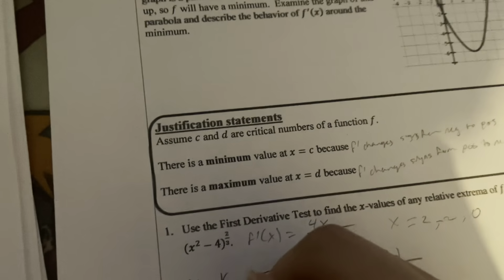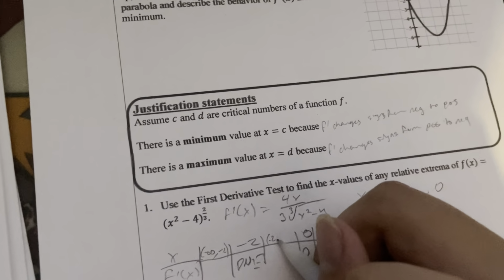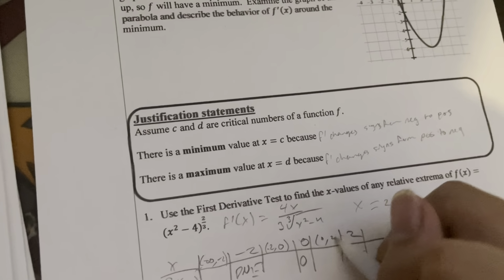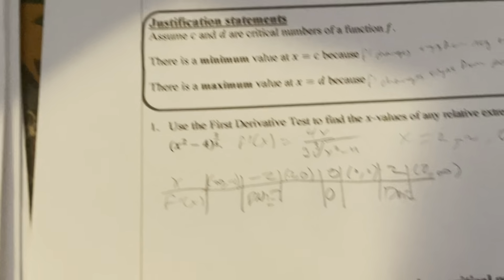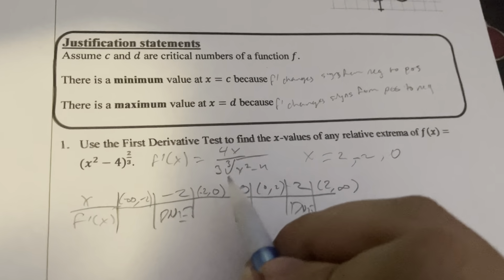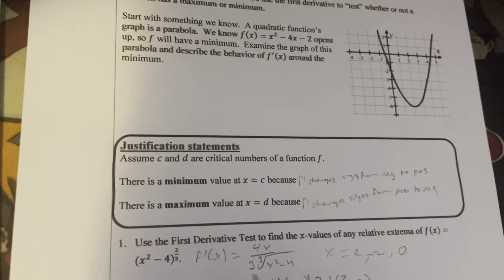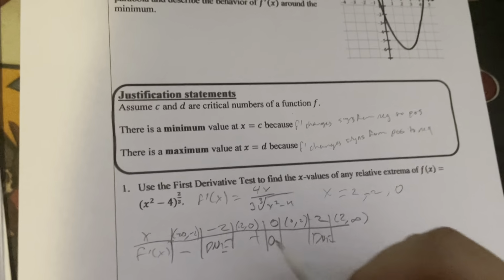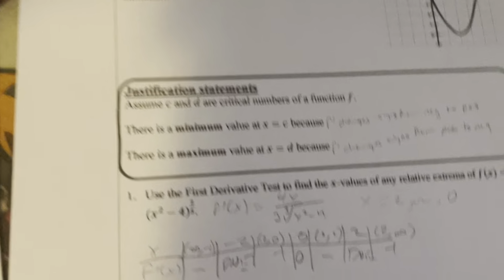Now we put in the domain: negative infinity to negative 2, negative 2 to 0, 0 to 2, 2 to infinity. Now, by plugging in numbers within the domain into the equation, we can find out whether they're positive or negative. Just to make it fast, I've already done it. So, negative and positive.